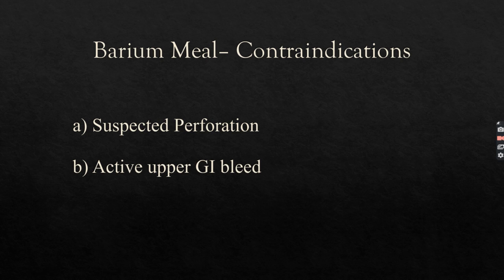So suspected perforation is a contraindication for barium meal study. And if the patient has features suggestive of active upper GI bleed, don't go with this barium meal study. So these are the two important contraindications for barium meal study: suspected perforation and active upper GI bleed.